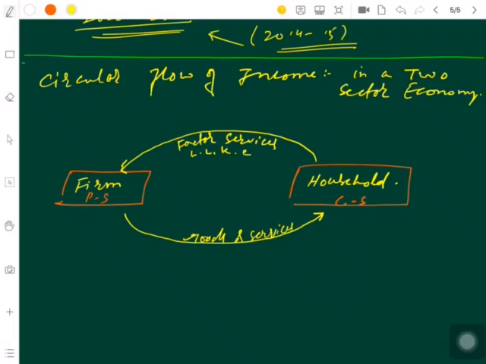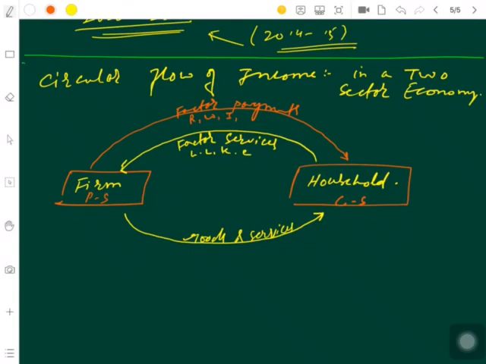to the household. See, now when household is providing to a firm the factor services, the firm against it will provide factor payments, will pay for these factor services. Now you know what factor payments are. For land, exactly, rent will be paid. For labor, wages will be paid. For capital, interest will be paid.